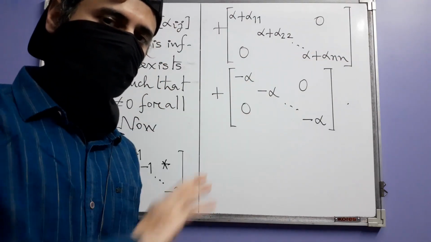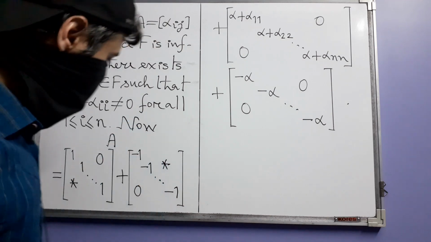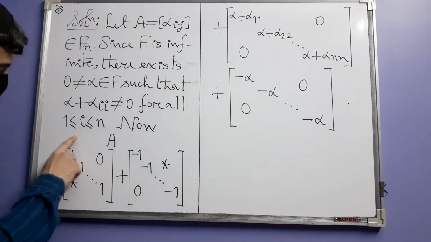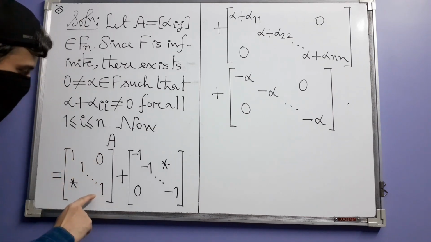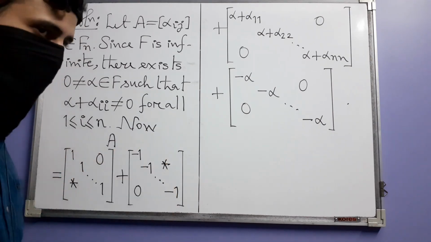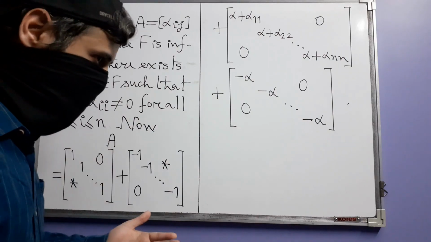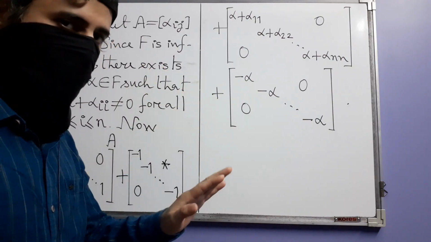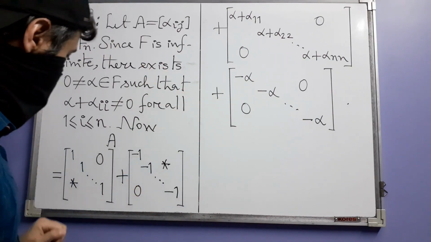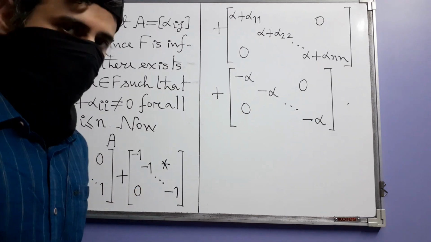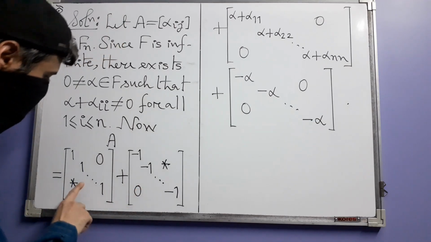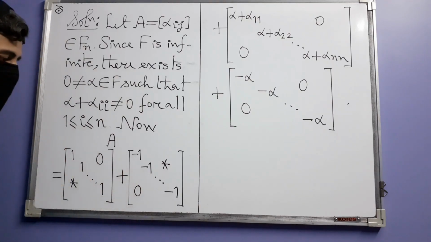Why are these matrices all invertible? We know that a triangular matrix, this is a lower triangular matrix, this is an upper triangular matrix, is invertible. It's a problem that we have already seen and solved, provided all its diagonal entries are different from 0, which is the case with these two triangular matrices.